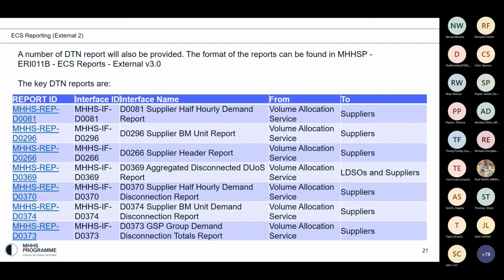There's a number of reports which are versions of existing reports that relate to demand disconnection events. So that's 69774, all relating to demand disconnection events, and likewise with the D373 there. So they're external reports, but they're going over the DTN rather than the data integration platform.